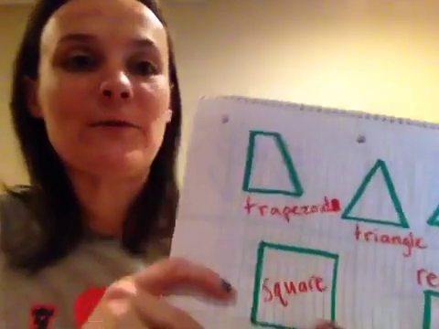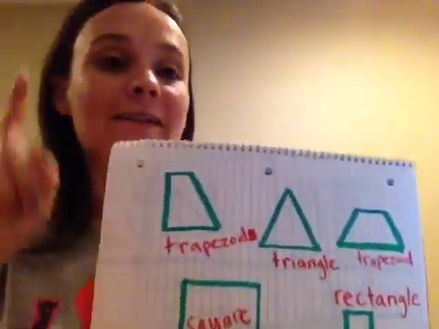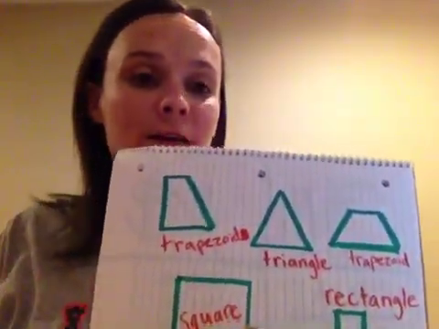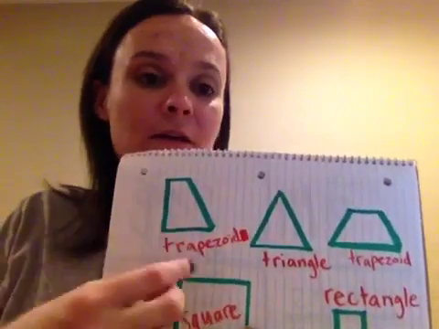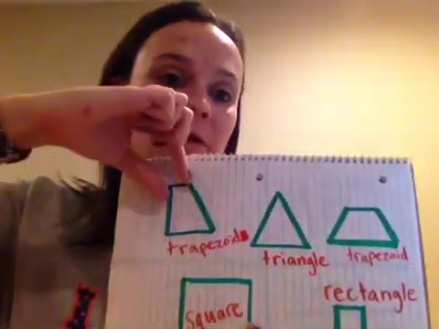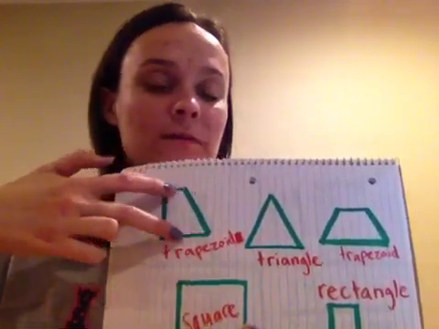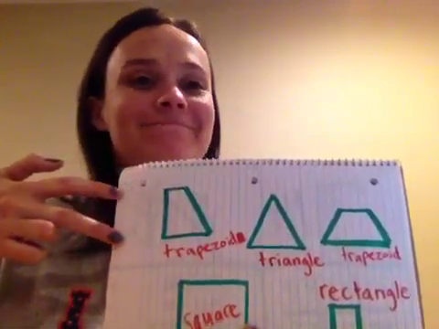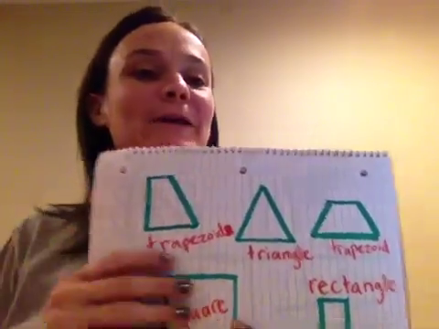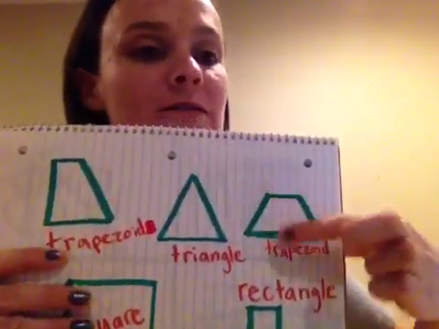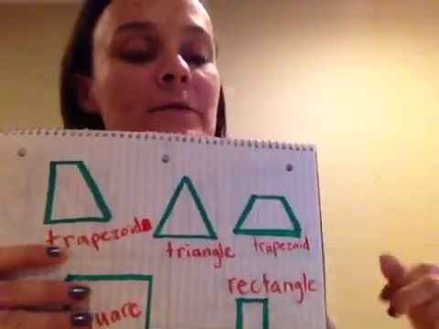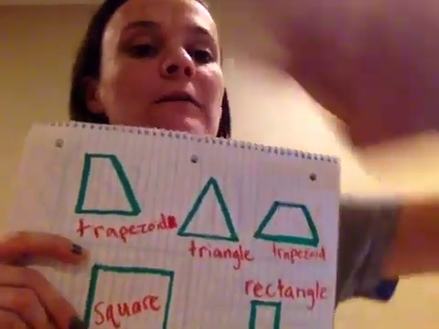Now a trapezoid is a trapezoid because it only has one set of parallel lines. See, if this was a railroad track and it kept going, it would touch. But these two, on the base and on the top, they're parallel. And same with this trapezoid. These two lines are parallel. They're not equal in length, but they are parallel.